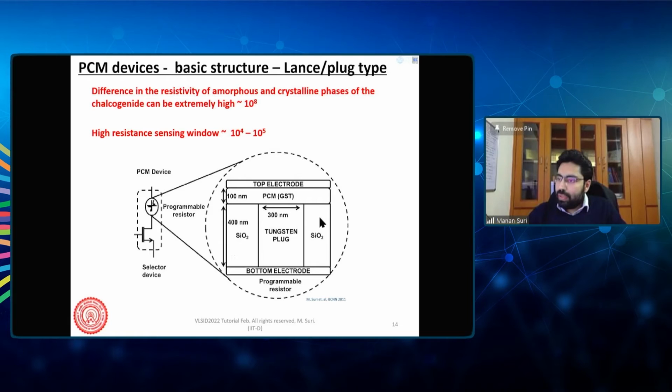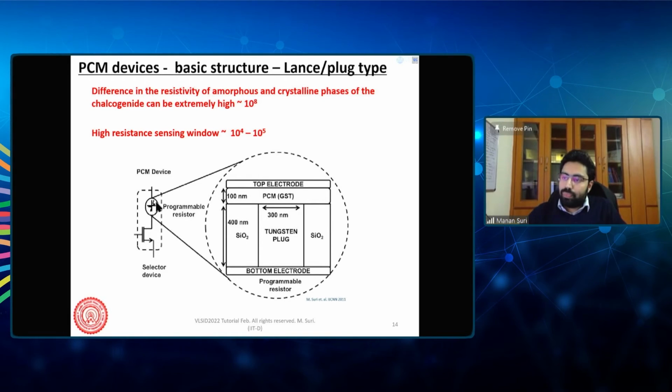And then you have some separators or insulators around your plug. So the PCM device itself, when it would sit in an array or in an architecture, it would sit there with some kind of selector device. And this can be a transistor or this can be a diode.